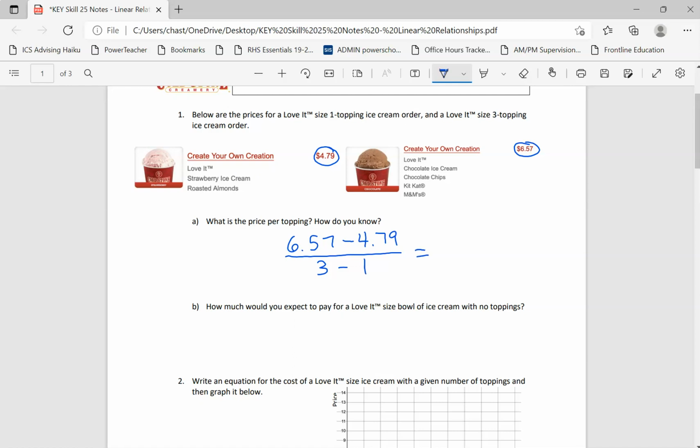If I take $6.57 minus $4.79, I'm going to get a $1.78 increase for every 3 minus 1, which is 2 toppings. 178 divided by 2 is 89 cents. So each topping costs 89 cents. Okay? So 89 cents for each topping.